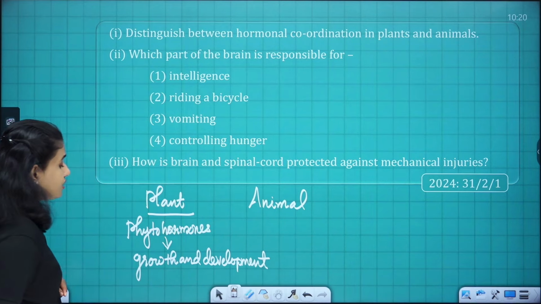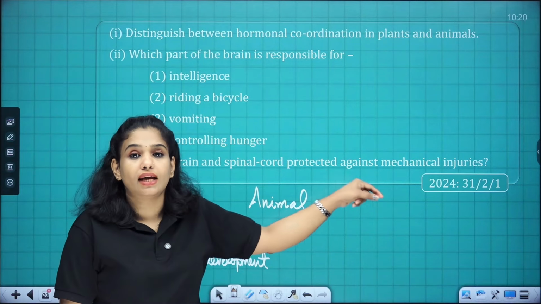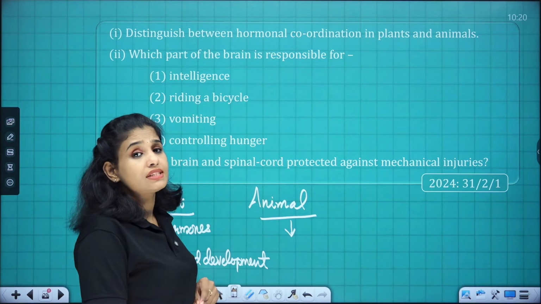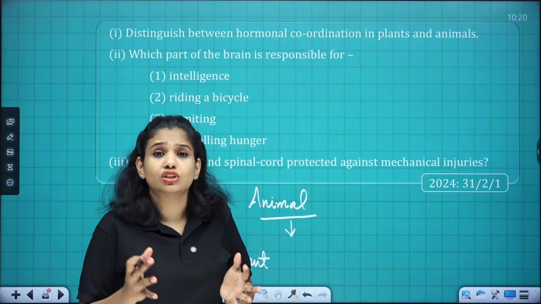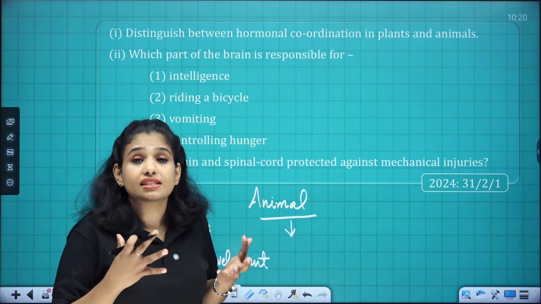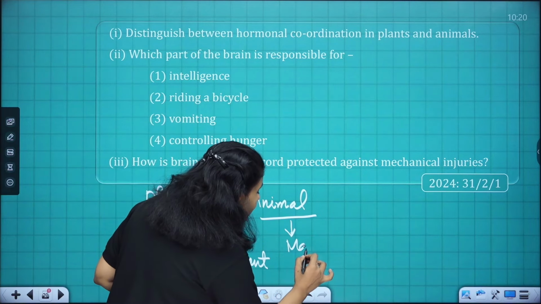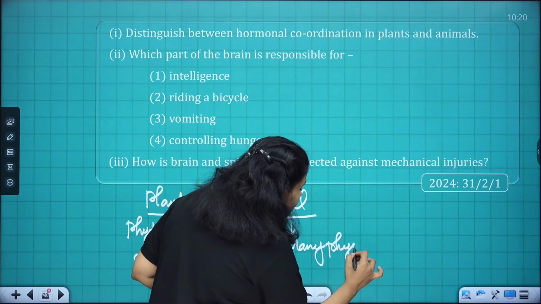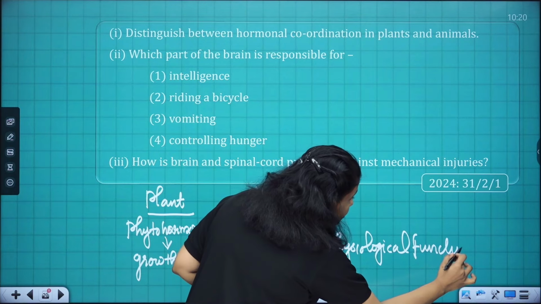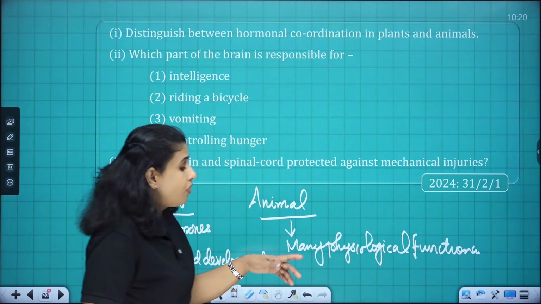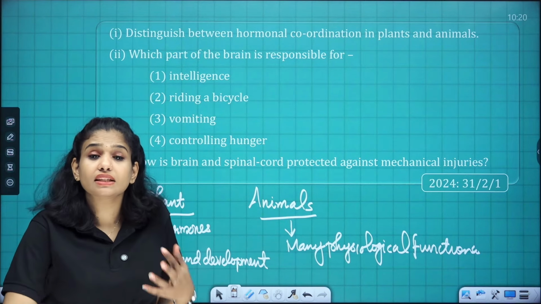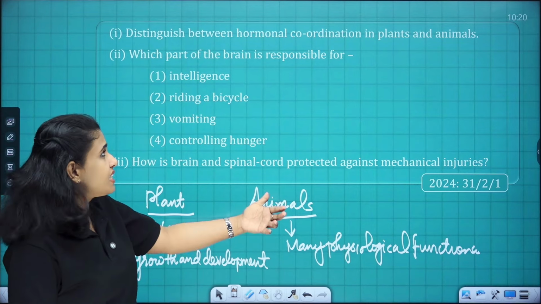In animals, the hormones are responsible for many physiological functions. It's not only growth and development; many physiological functions are performed by these hormones in animals. So that is the difference between plant hormones and animal hormones.